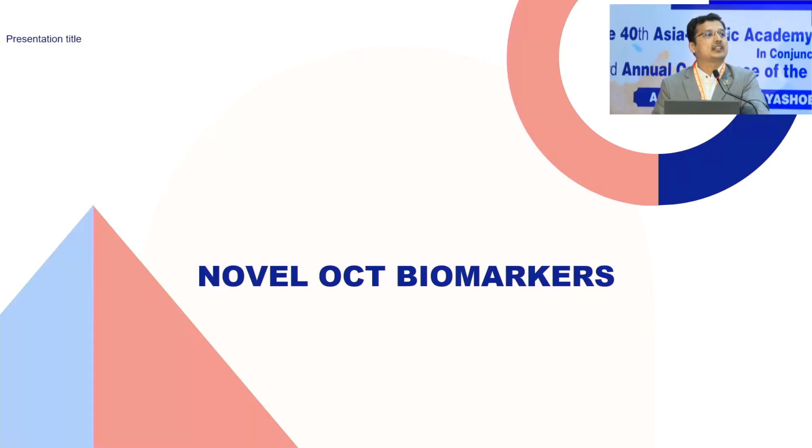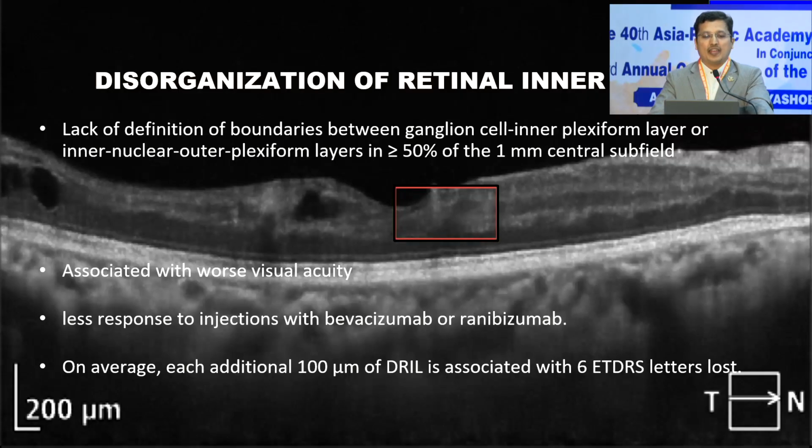It is not that central macular thickness cannot be considered important. Now, what are those? To start with, we have disorganization of the retinal inner layers, DRIL. It is a lack of definition of the boundaries between the ganglion cell layer, the inner plexiform, and the outer plexiform layers. The diffuseness that you see here is the DRIL.